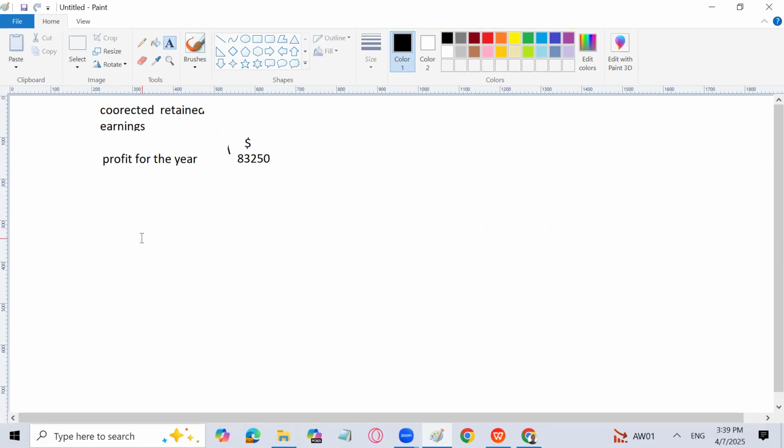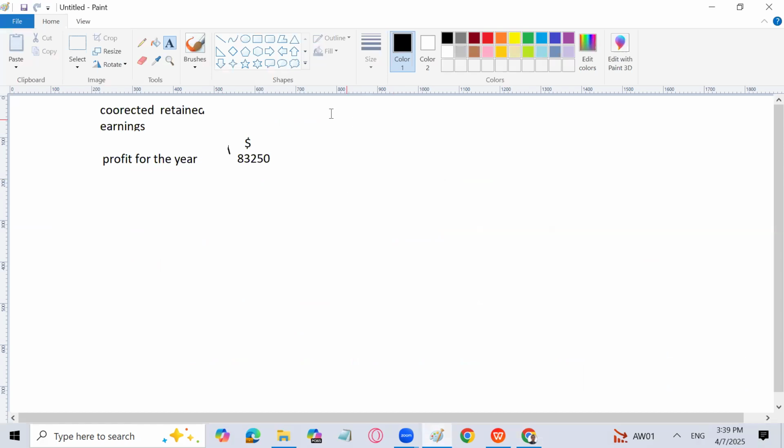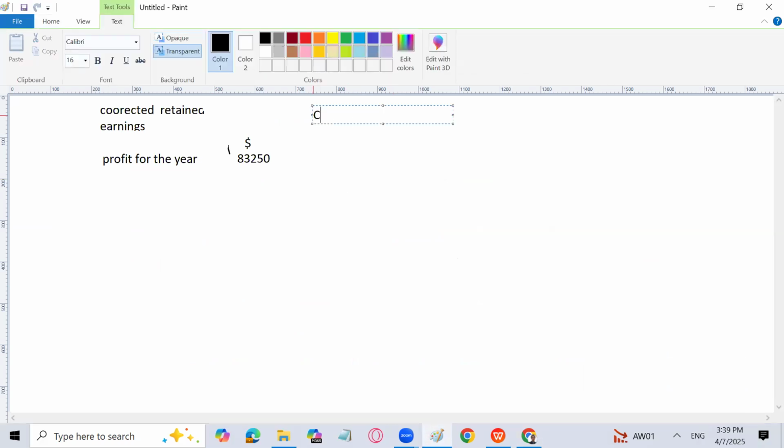So let's find the adjustments that are given. First, it has since been discovered that no account had been taken of the following errors and omissions. Closing inventory had been understated by 2,000. Closing inventory has been recorded less than the actual amount. So the entry is closing inventory debit, because it is less, so current asset will increase, and cost of sales will be credited with 2,000.